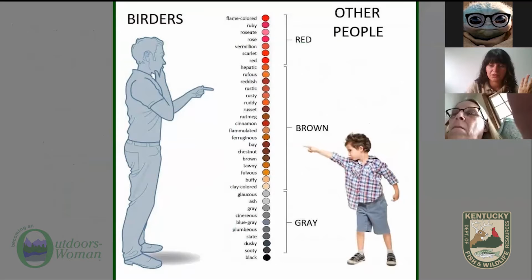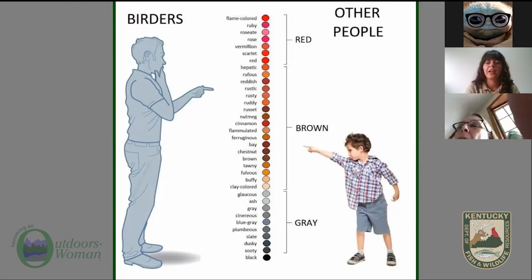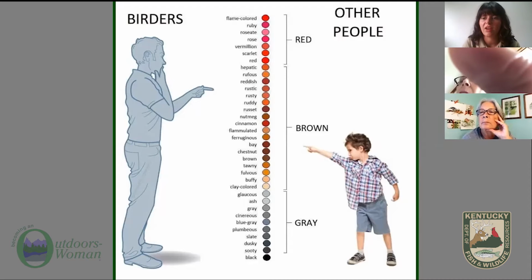Rusty brown is different than chestnut. Is different than regular brown, is different than tawny. There are lots of different shades of these base colors that a lot of birds have. So it's important to make note of that as well. And you'll see this kind of come into play when we start talking about identifiers on birds we're going to learn about in a minute. So don't get frustrated with anything. If it seems like there's a lot of options, it's because there are. This just comes with a little bit of practice and a little bit of time.